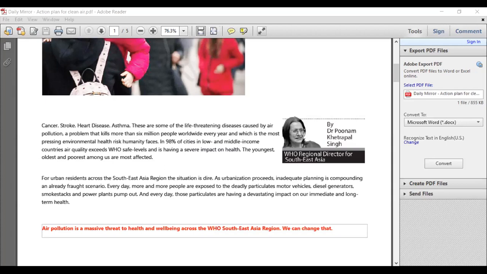So we are living with these health risks all the while.